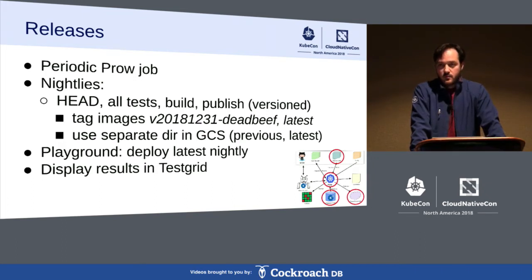The idea right now is that you have a stable and a clean environment to bake tests during the week. And to keep track of all that, we use Test Grid. So everything is tracked on Test Grid, so we know if releases failed to build or not, and if the playground is up to date or not.